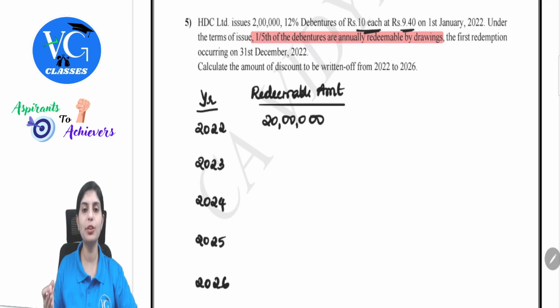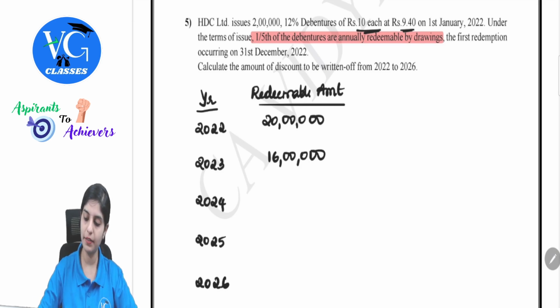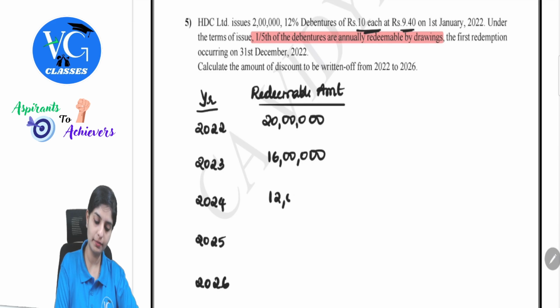Moving on to the next year, one-fifth would have been redeemed, so 4 lakh would have been repaid. How much will this represent? 16 lakh, 20 lakh minus 4 lakh. Likewise, 16 minus 4, again 4 lakh, so 12 lakh.